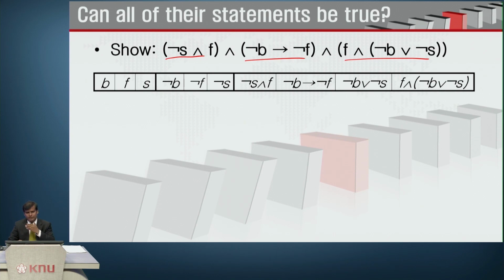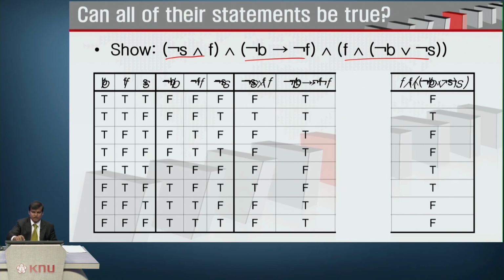And now you have the three statements: negation of S and F, negation of B implies negation of F, and finally F and negation of B or negation of S. Which means that the middle section is not really needed, only these three parts are needed. And among these three parts, we are trying to see under what condition all are true.